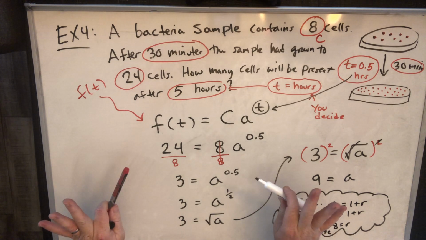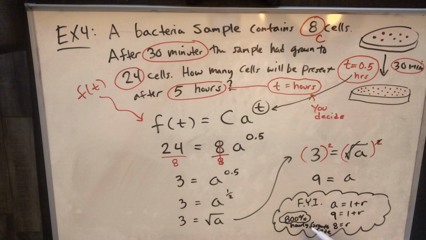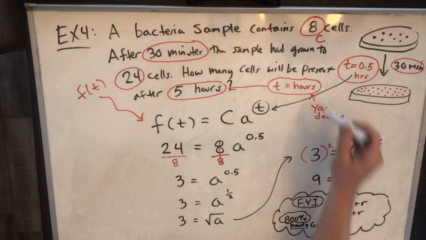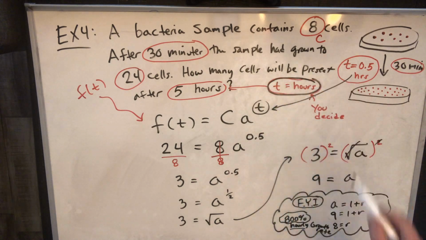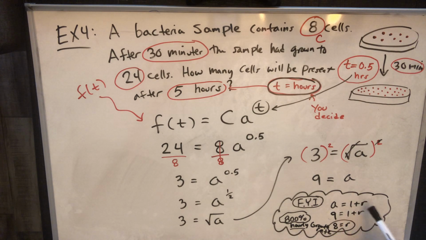It's not part of this question, it's just a little side note. If you wanted to advertise and tell people, oh, this bacteria is growing so fast. Well, how fast is it growing, doctor? Well, the bacteria seems to have an hourly growth rate. It's not annual, but it's hourly because we're measuring our time in hours, of 800%. That's what 8 represents as a growth rate. So keep in mind that when you find your a, that's always 1 plus the growth rate. In this case, the growth rate is 8.